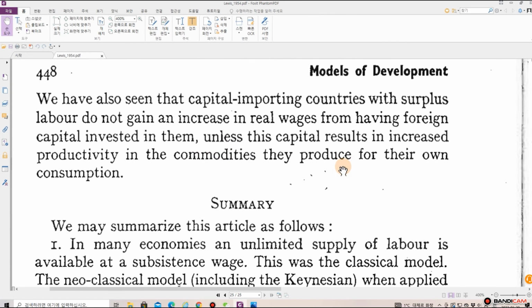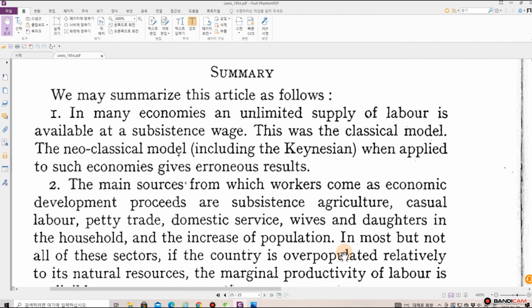We have also seen that capital importing countries with surplus labor do not gain an increase in real wages from having foreign capital invested in them, unless this capital results in increased productivity in the commodities they produce for their own consumption. Summary.